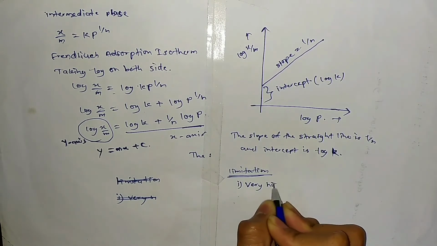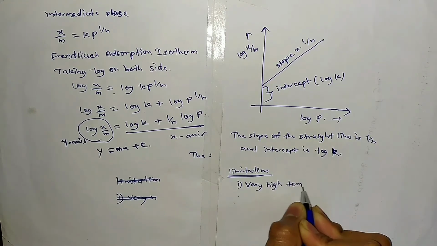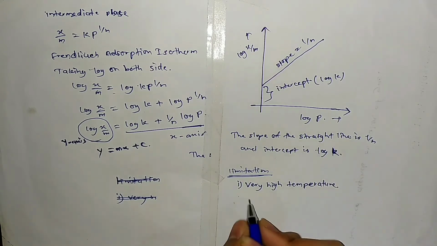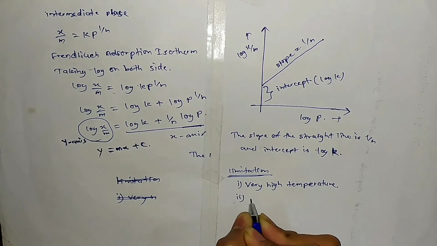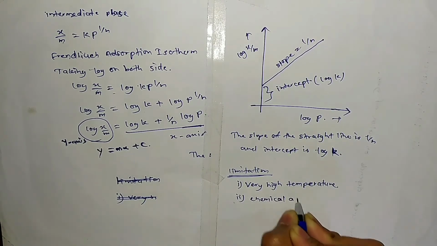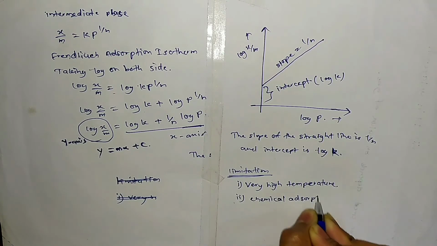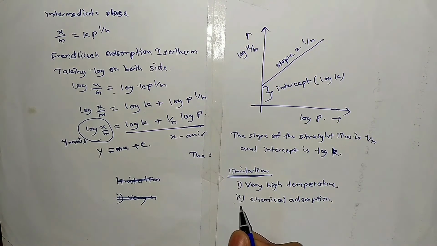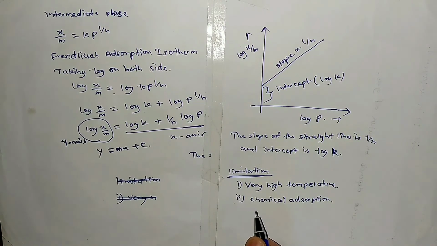At very high pressures, this adsorption isotherm is not followed. The second limitation is that it does not follow chemical adsorption. It is not useful for chemical adsorption. These two are the limitations of Freundlich adsorption isotherm.